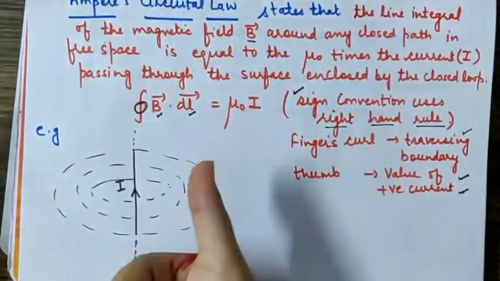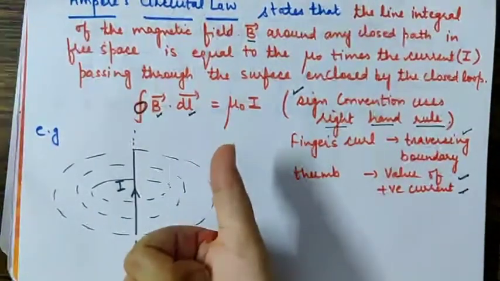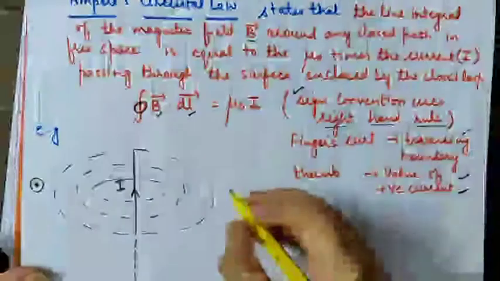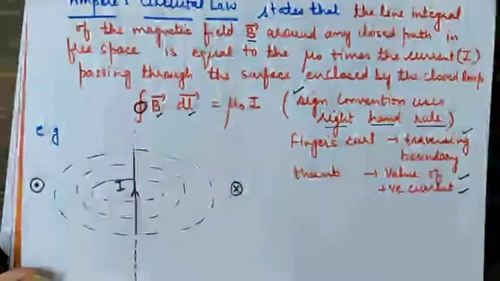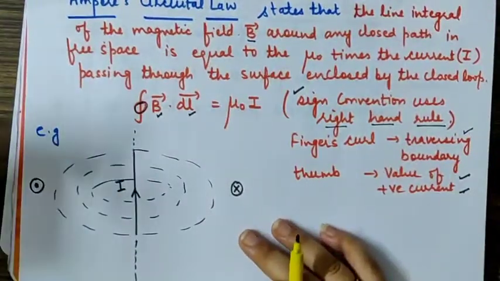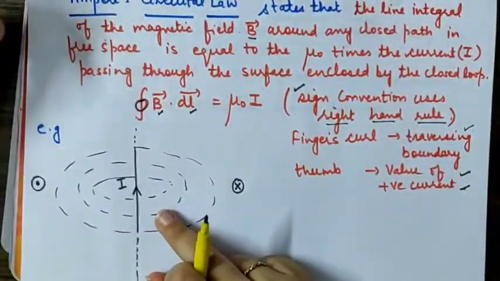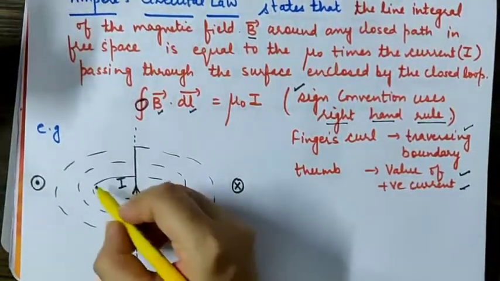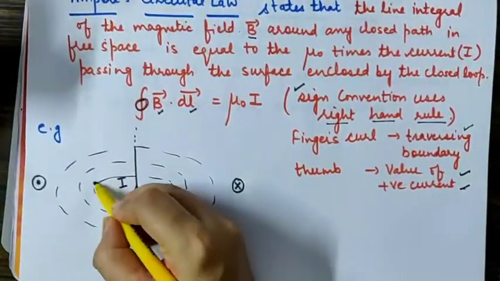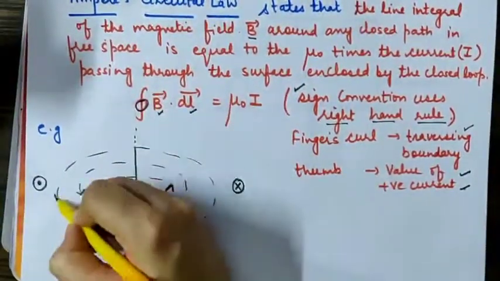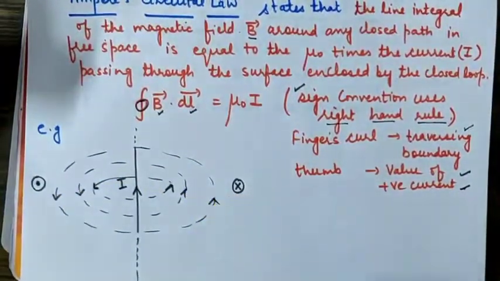Coming out can be represented by a dot, and going in can be represented by a cross. These circular lines are also telling us the direction of the magnetic field lines. Similarly for these points also.